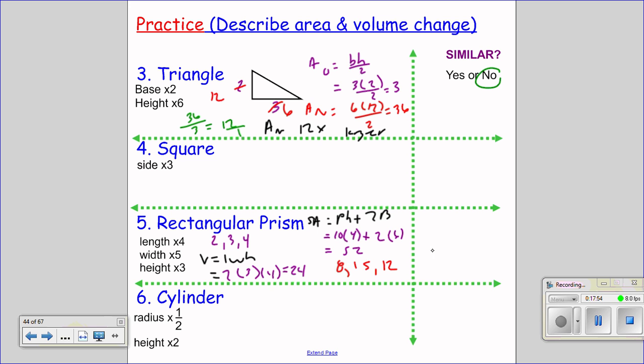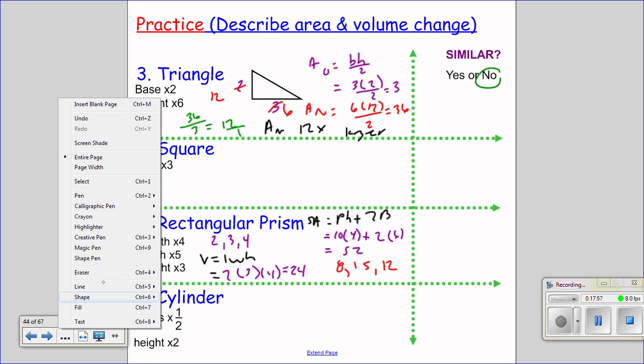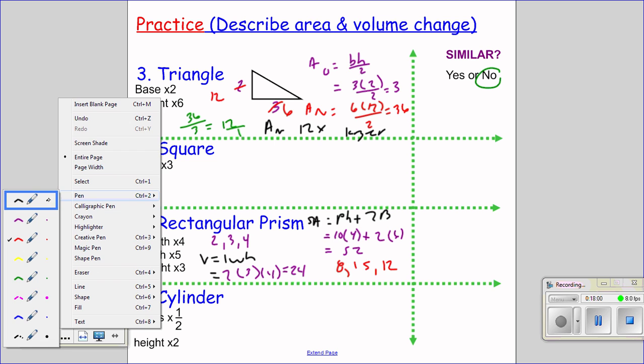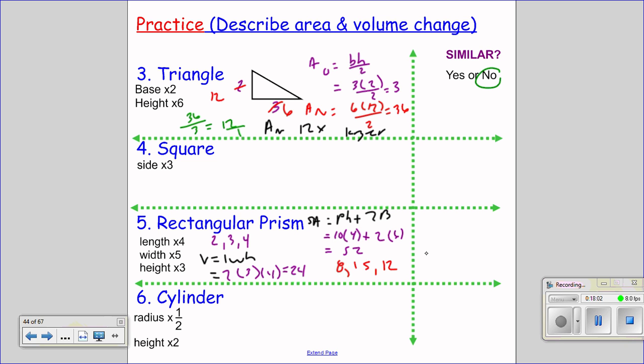Again, you're going to need space because now I need to take these measurements and find the surface area. So the surface area, again, it's perimeter times height plus 2 times the base. So to find the perimeter, I would take 2 times 8, 16, plus 2 times 15, which is 30.